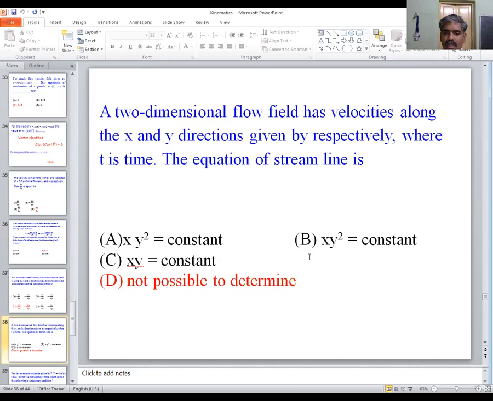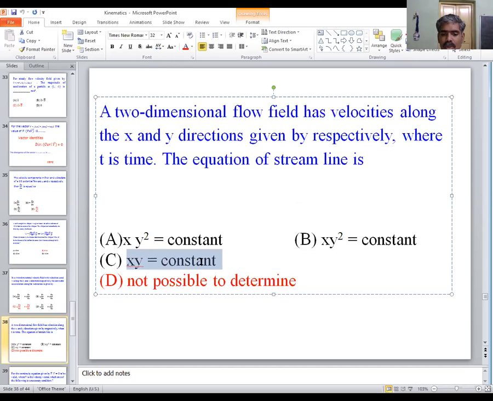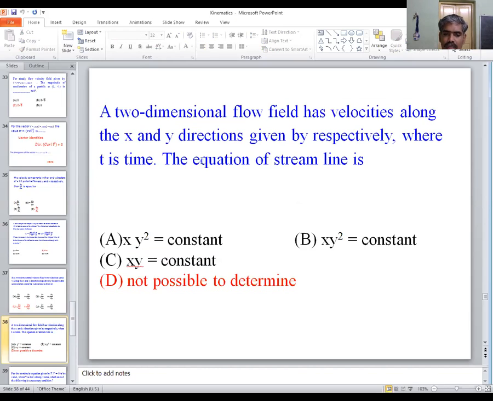You can find it using the streamline functions. We have already seen one question of the same type, finding true or false for the following statement. They are giving x equal to y, and we found that xy equals a constant. Like that you can find out the value.